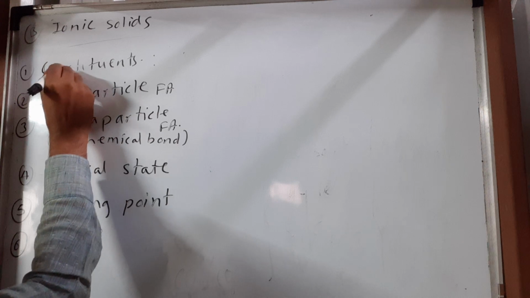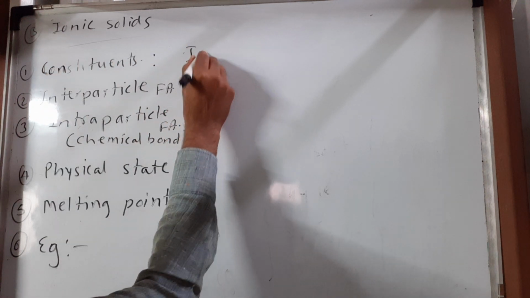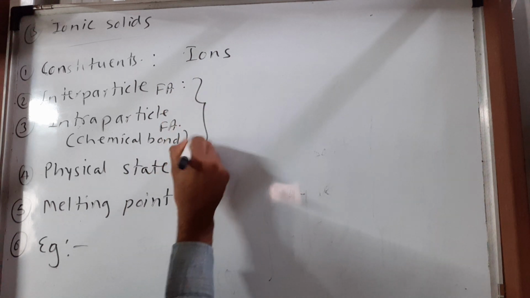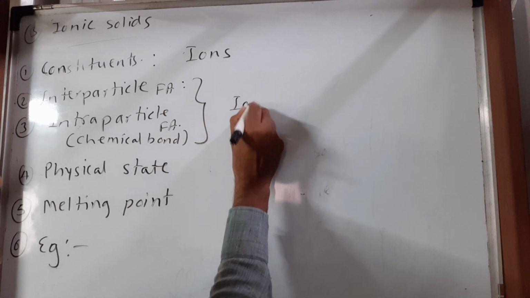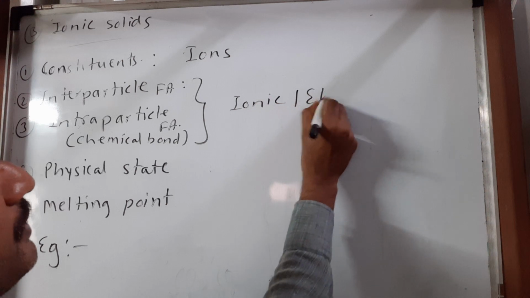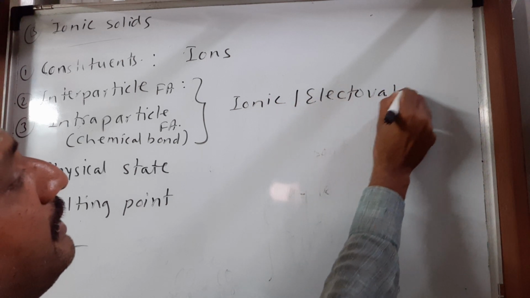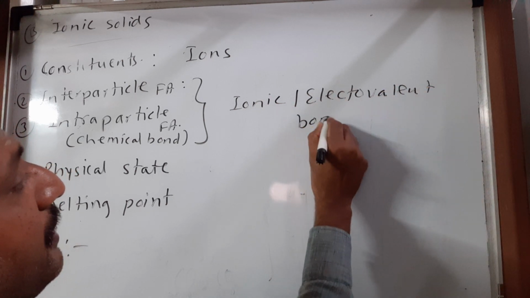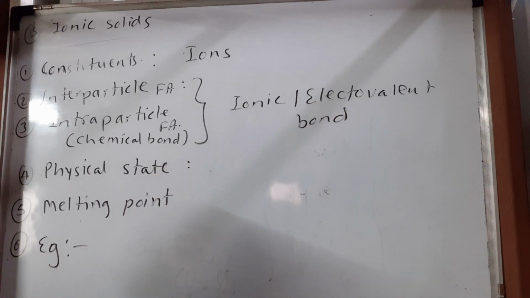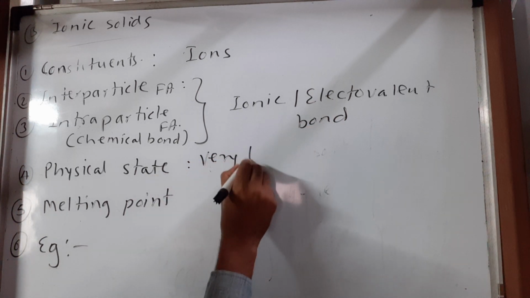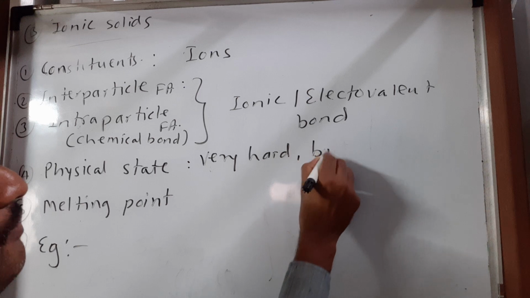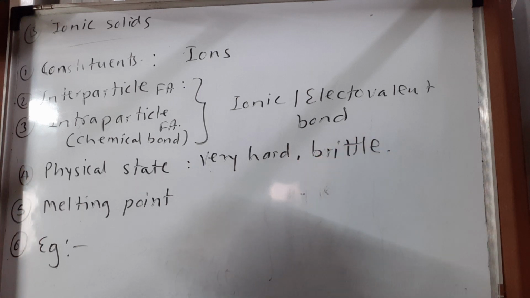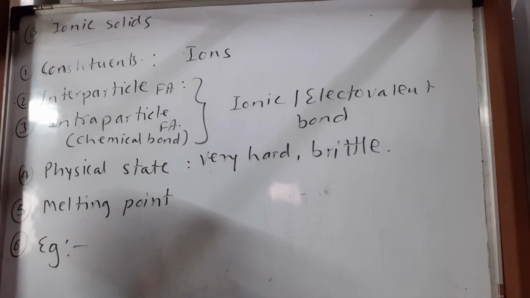What are the constituents of ionic solids? Ions are the constituents of the ionic solids. Here the interparticle and intraparticle forces, both are ionic bond, which is also known as the electrovalent bond. What about their physical state? They are said to be very hard and they are brittle. And what about their melting points?